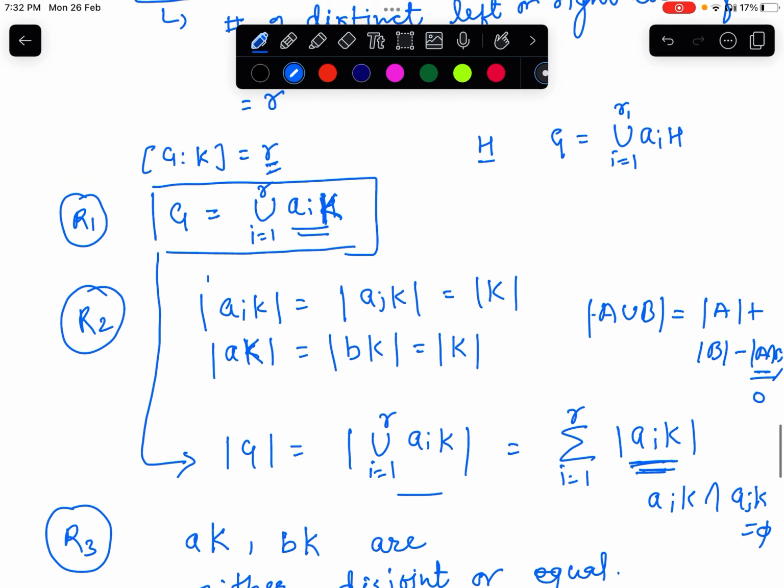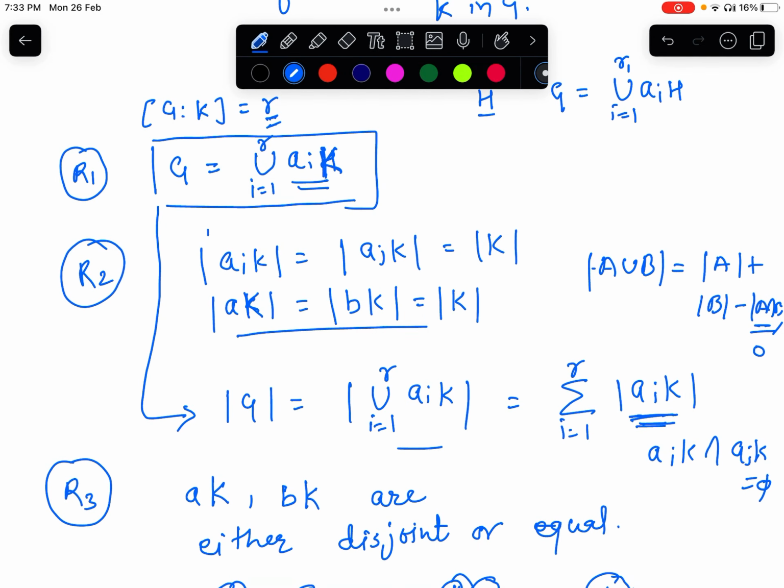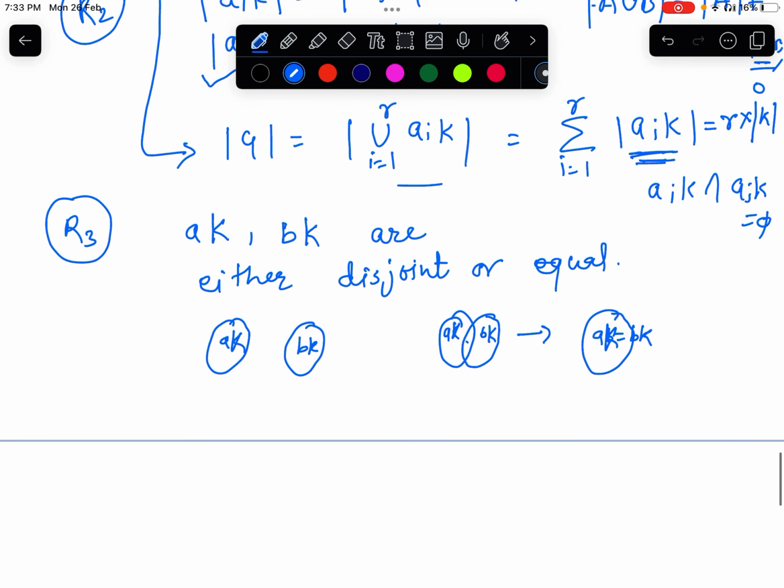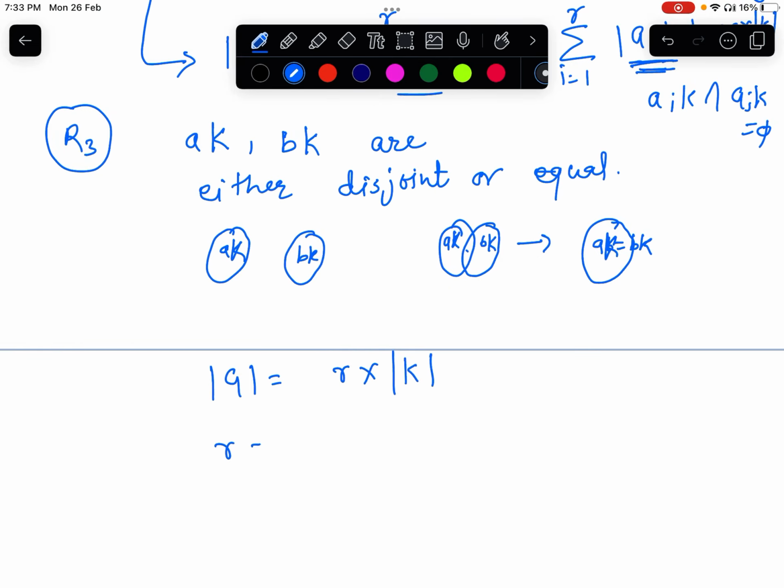Now use the result that the cardinality of the left coset with respect to A is equal to the cardinality of the left coset with respect to B. That means this is equal to R into the cardinality of K. So right here, the order of G is equal to R into the order of K. So R is equal to order of G divided by order of K. What is R?